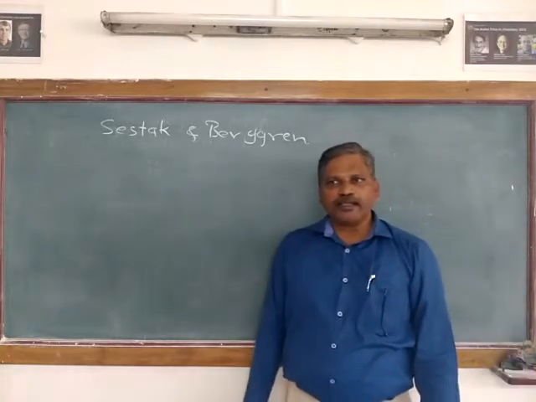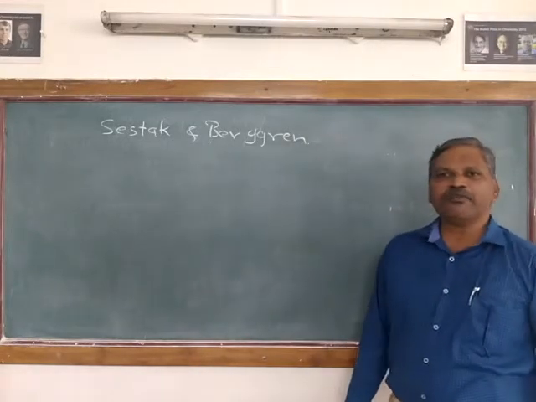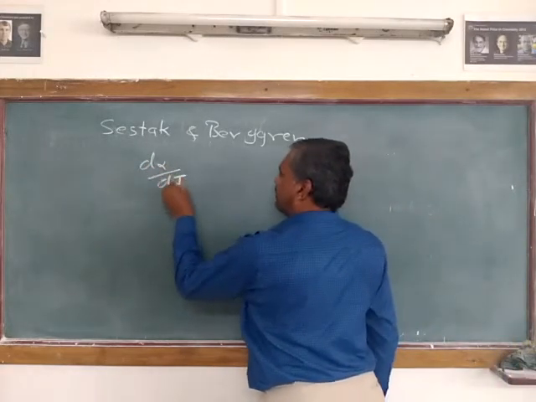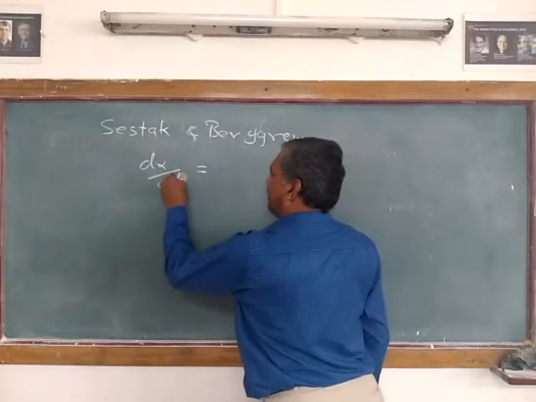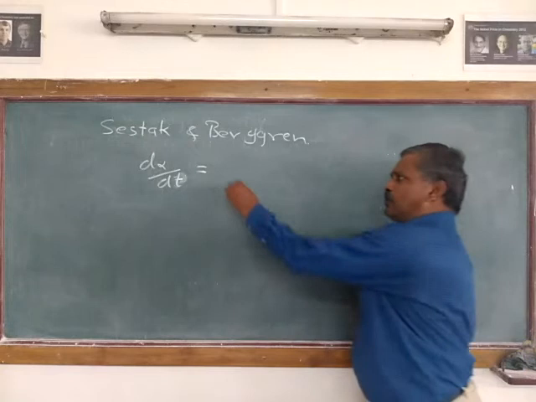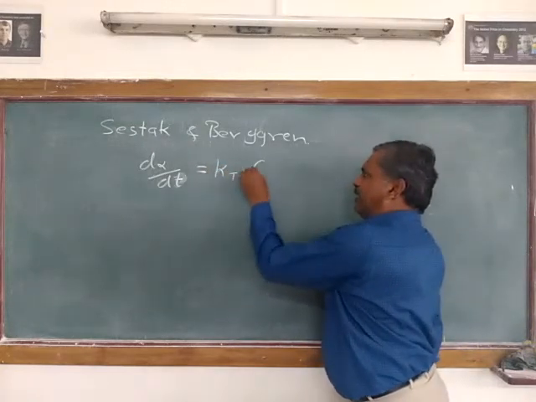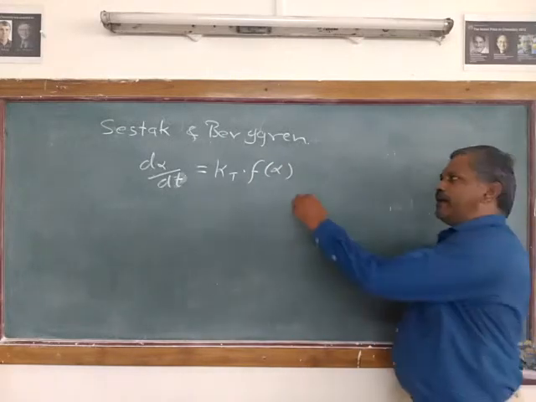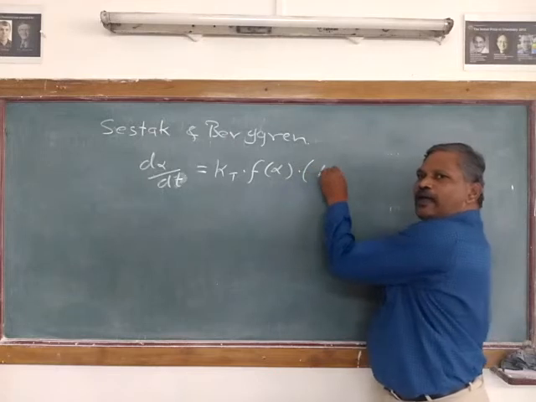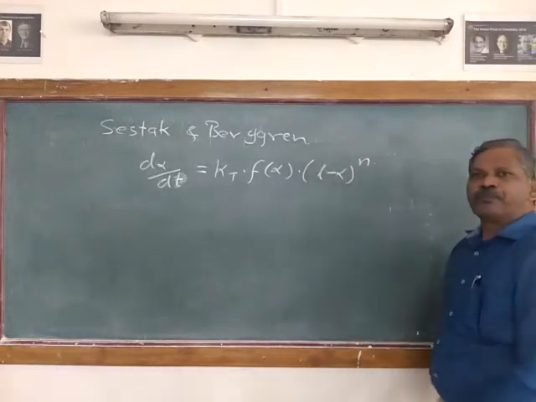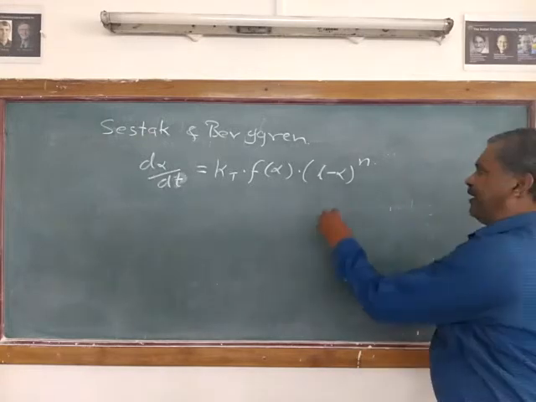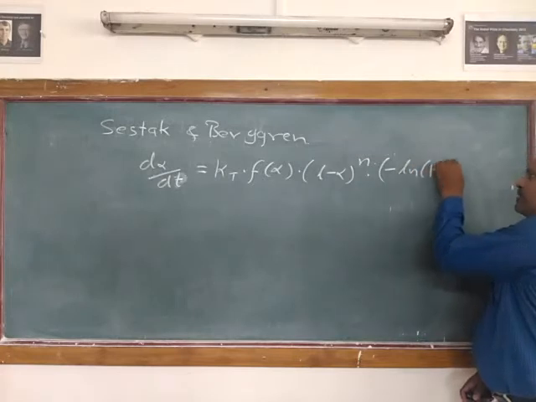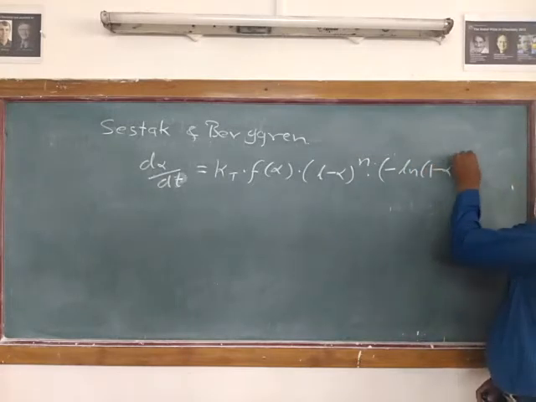They may be written as a combined equation, and the combined equation can be shown like this: d alpha by dt is equal to k(T) into f(alpha), into (1 minus alpha) raised to n, into (minus ln(1 minus alpha)) raised to n.